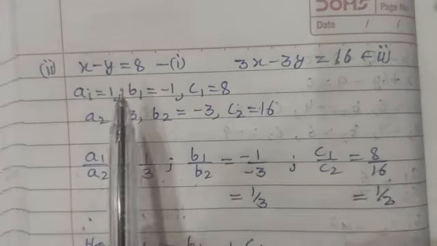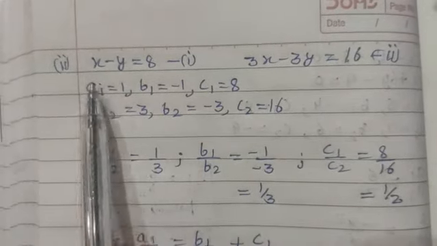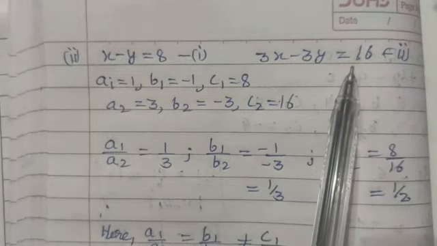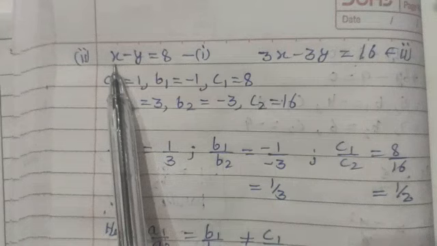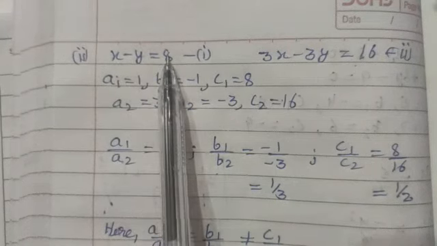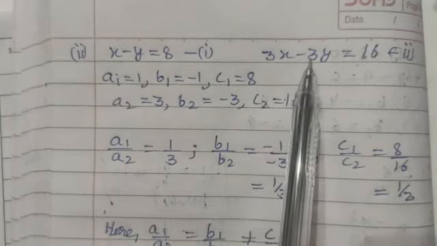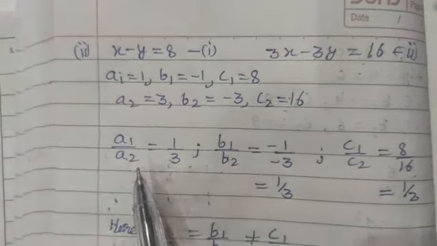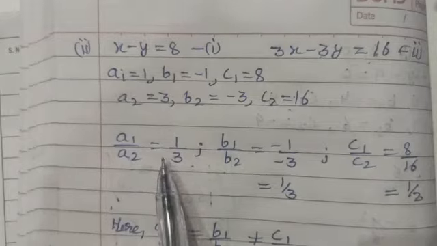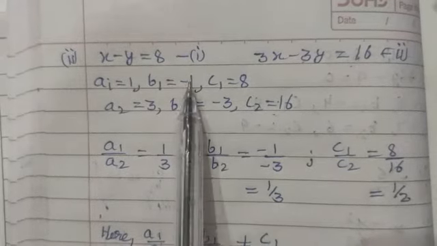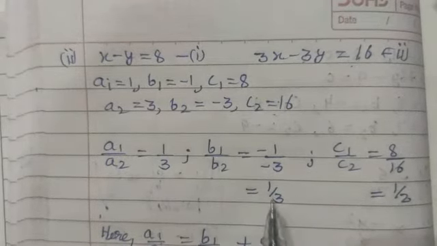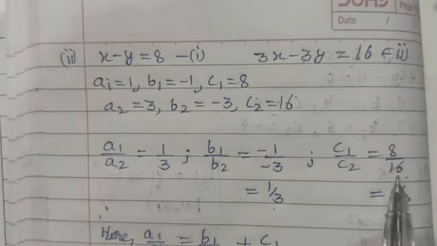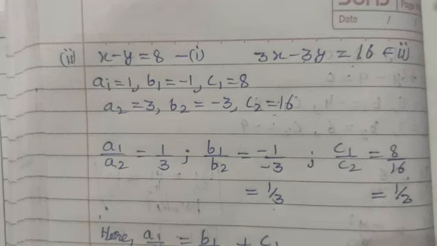Now in the second part of the question, the equations given to us are x minus y equal to 8 and 3x minus 3y equal to 16. Here a1 is 1, b1 is minus 1, c1 is 8, a2 is 3, b2 is minus 3 and c2 is 16. Now on finding out the ratios, a1 upon a2 is 1 by 3, b1 upon b2 is minus 1 by minus 3, that is again 1 by 3, and c1 upon c2 is 8 by 16, that we can say 1 by 2.